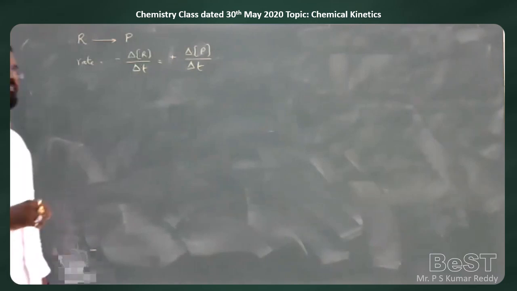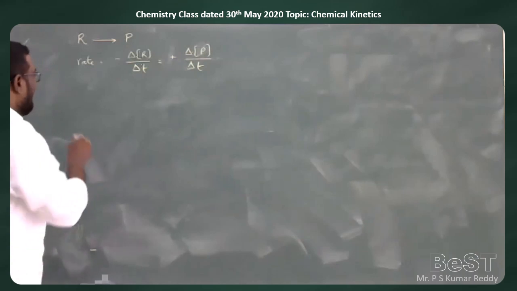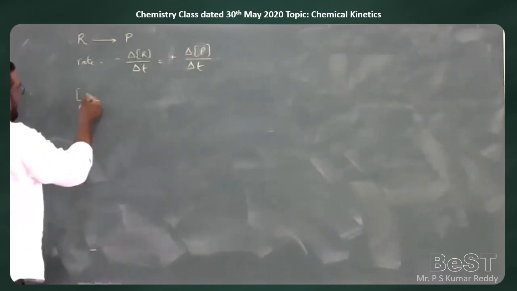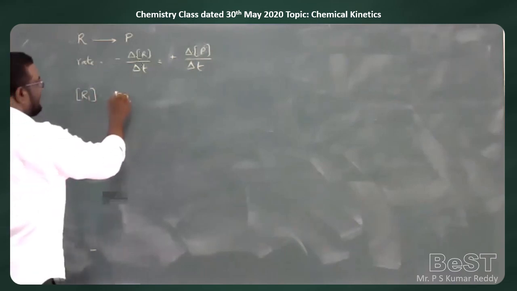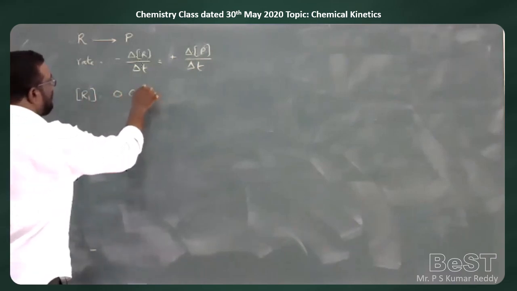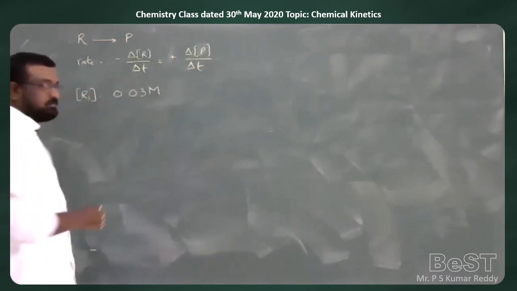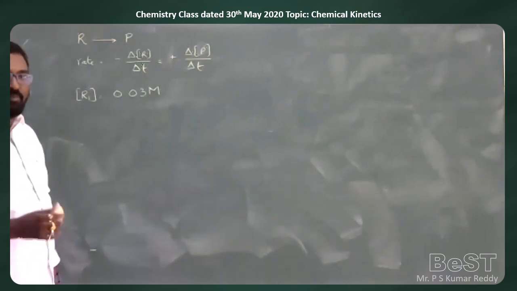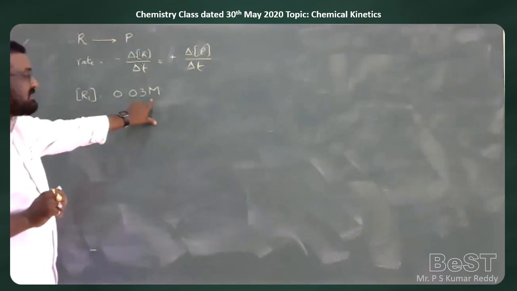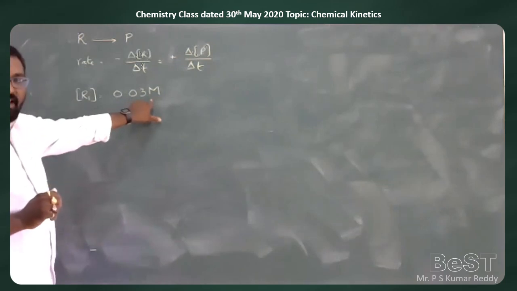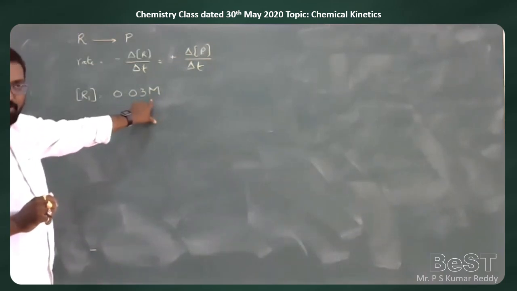Now, they have given the concentration of the reactant initially as 0.03 molar. Molar means moles per liter. If I use capital M, we can say it as molar; instead of that, we can use moles per liter also.